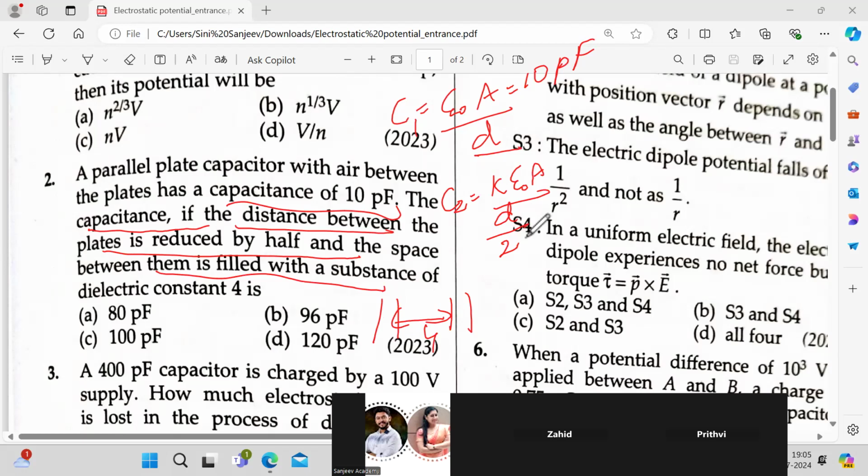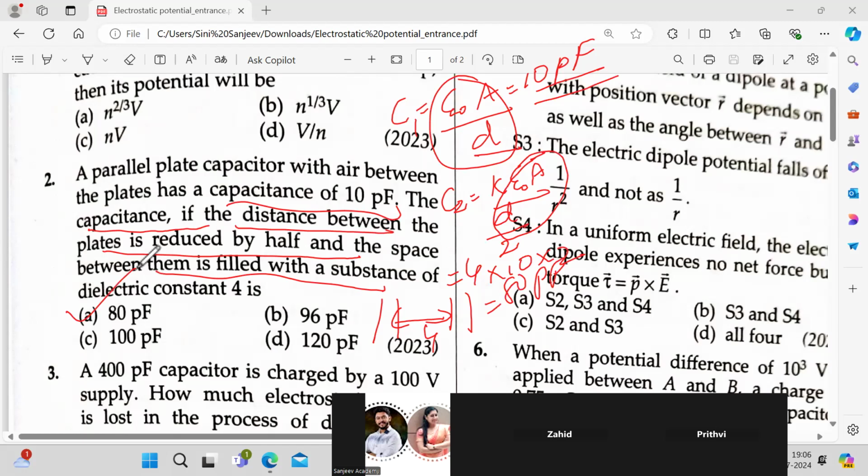The dielectric constant is given. And epsilon naught A by D is 10 picofarad, already I know the value of that. So K is 4, 4 into 10 into 2, so 80 picofarad. Direct answer. Option A.